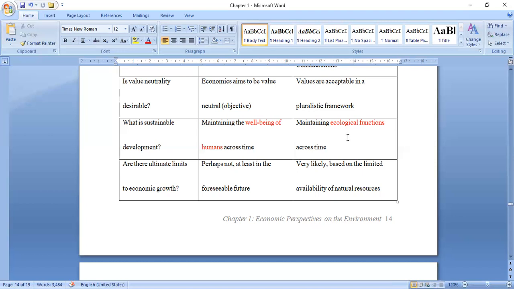For those of us that were here early in class, we saw those ecological functions when we were looking at the circular flow of economic activity. Remember, we saw the standard circular flow, which was basically looking at the flow of factors of production like land, labor, capital, entrepreneurship, between different sectors of the economy.